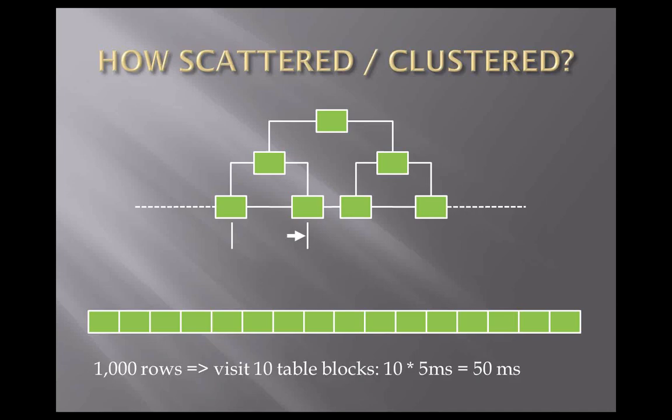So it might be more efficient to process more rows if they are clustered together than processing fewer rows that are scattered across many different blocks. So that is a very important point in order to determine how efficient your small chop approach can be. And that is basically the second part of how much work the small chop approach causes.